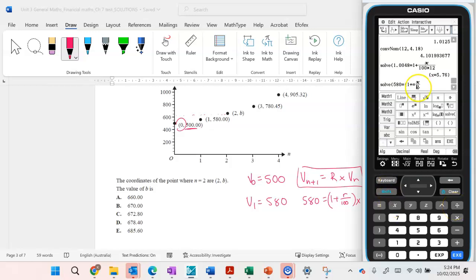X over 100 times 500. Oh, what did I do wrong? Oh gosh, what's going on here? Why is there an equal sign?